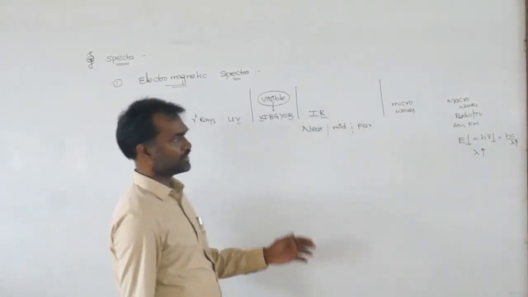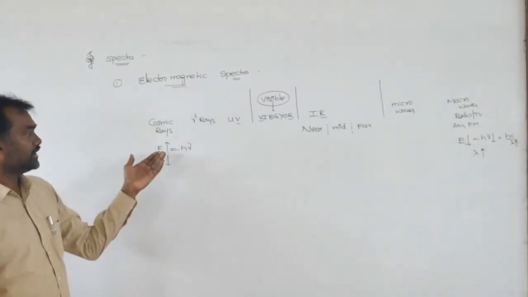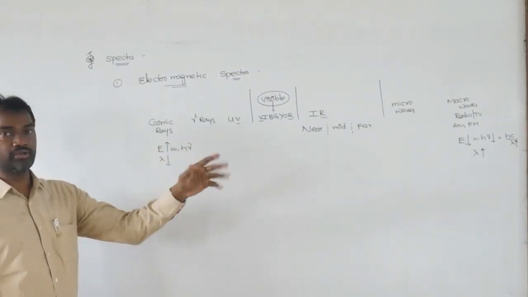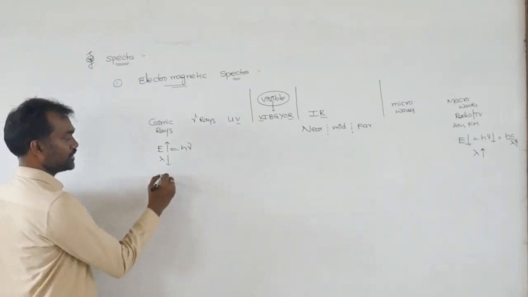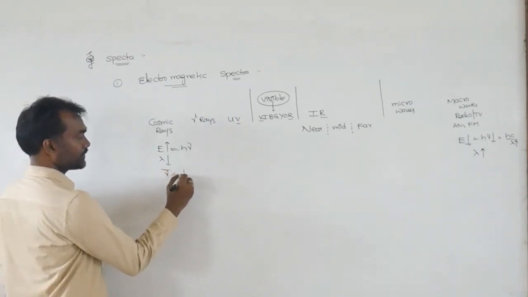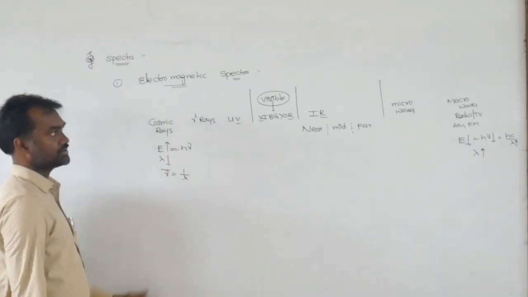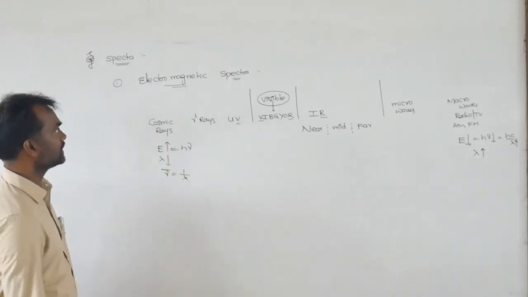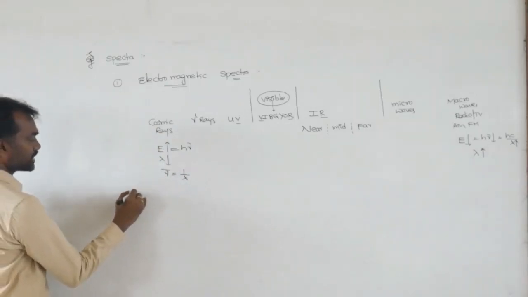So the same formula you can apply in different forms: energy form, frequency form, lambda value, or wave number. Wave number means 1 by lambda. According to that, we can explain all these things. So this is the electromagnetic spectrum.